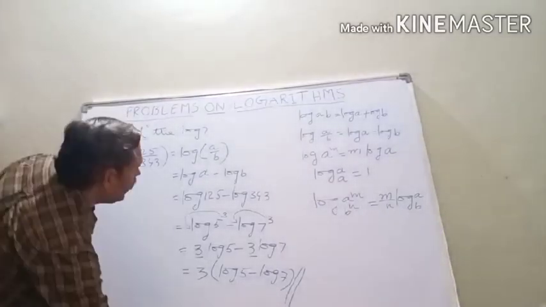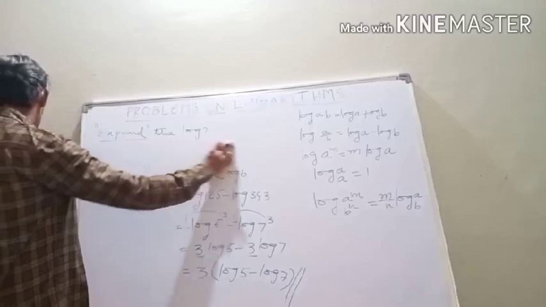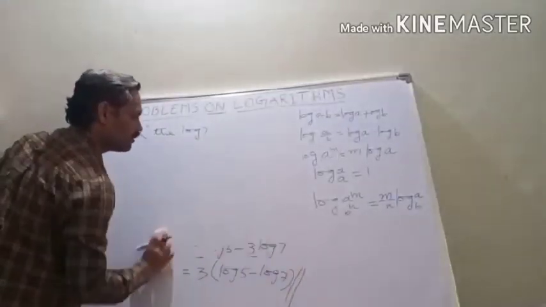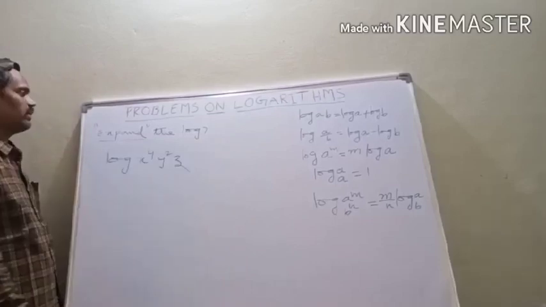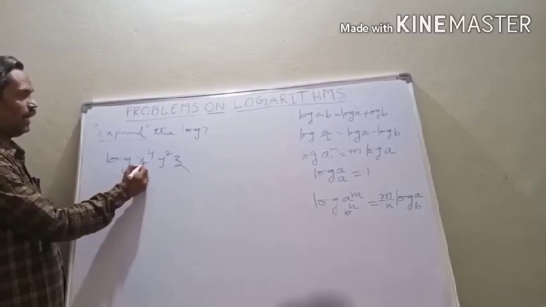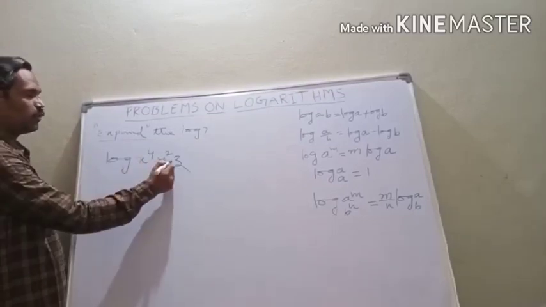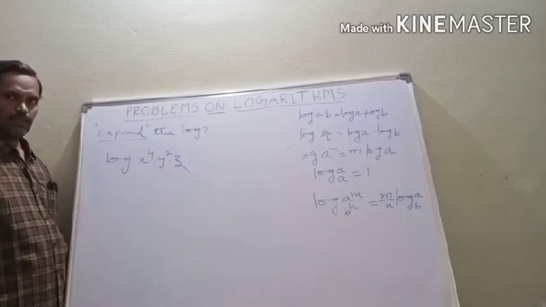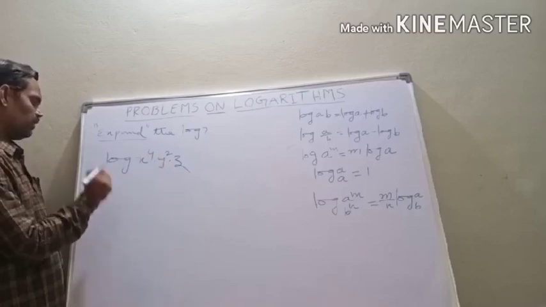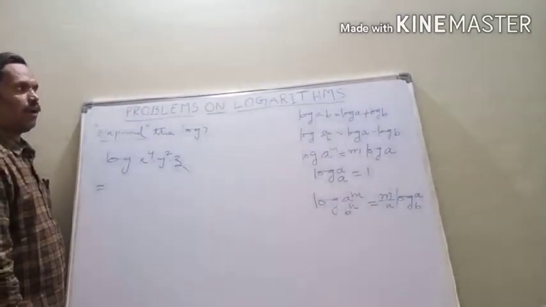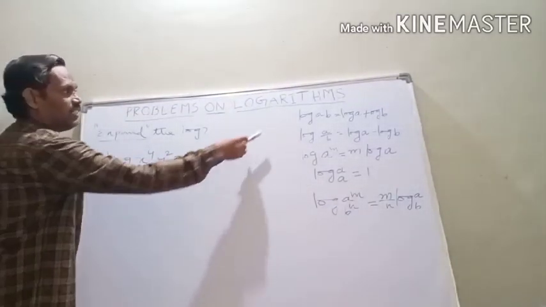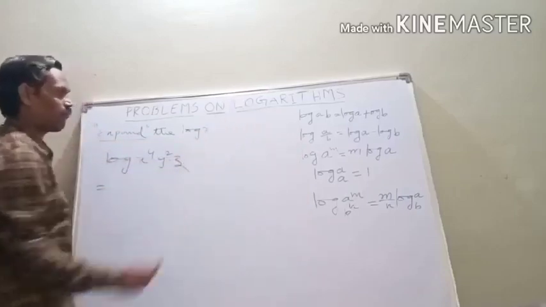Okay, go for another problem. Expand log x to the power of 4 into y square into z. So, this log can be split into several logs. For that, we have to use these two formulas at the initial stage.